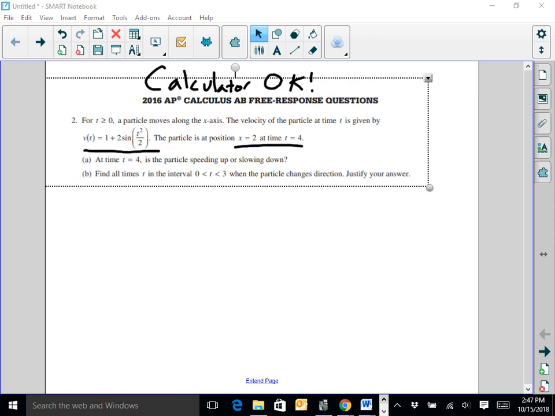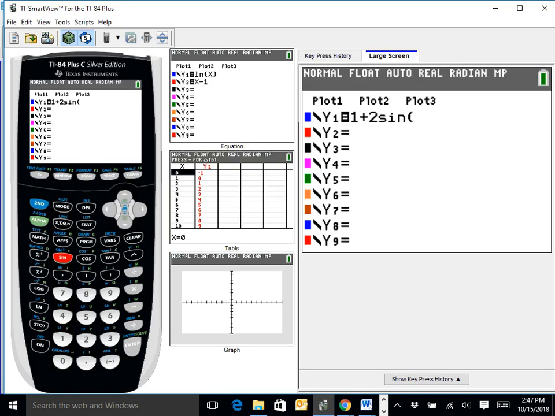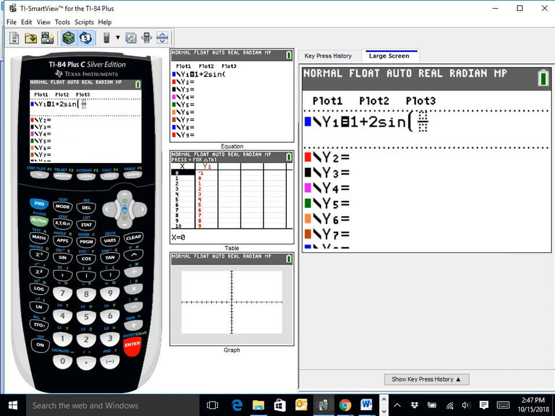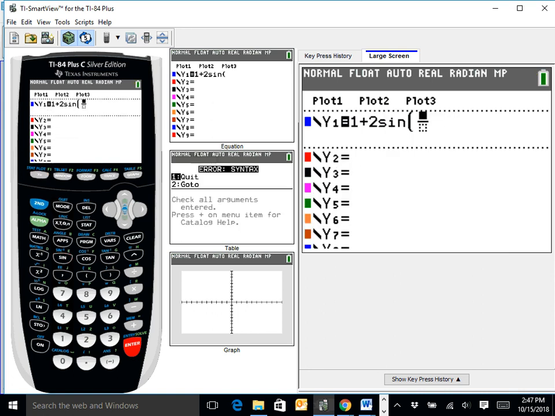I'm going to put my fraction bar in there, alpha y, enter. And I'm not going to use t, I'm going to use x. It's the same thing.